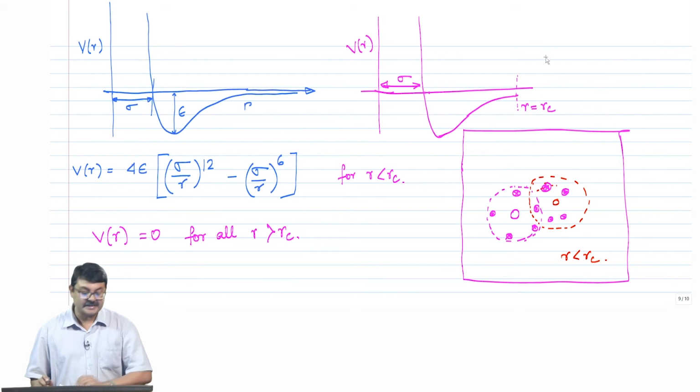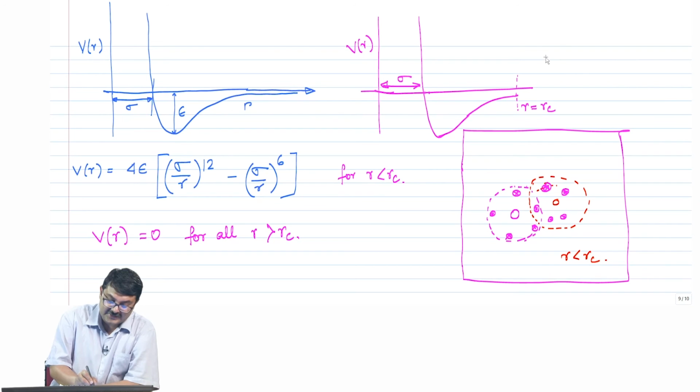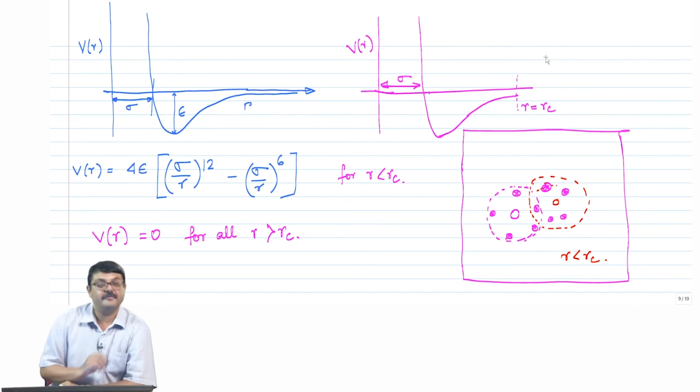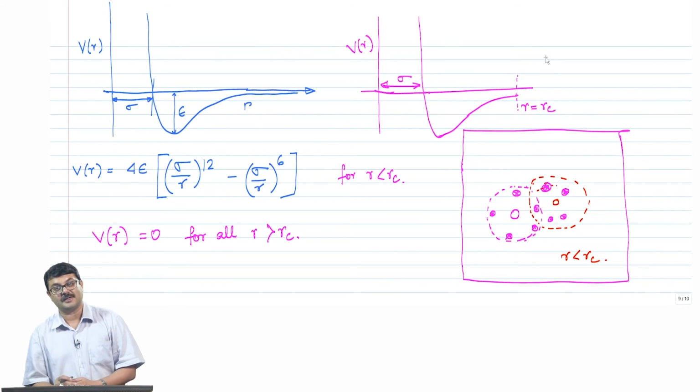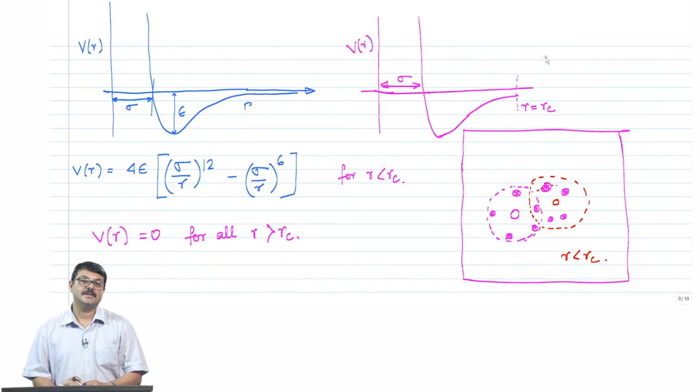Whereas, as I just told you, at distances very far away, much greater than sigma, 3 sigma, 4 sigma, 5 sigma, the value of the potential is rather weak, and even if you calculate the forces, you will see that there are very weak forces acting between the particles. So, that is not really affecting the motion.